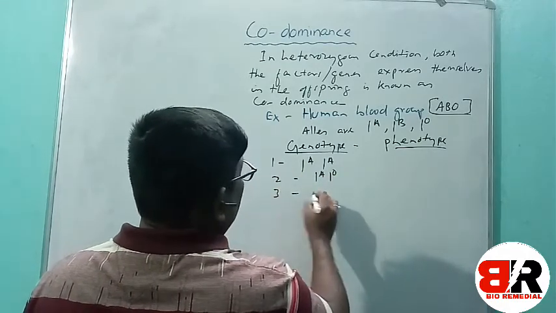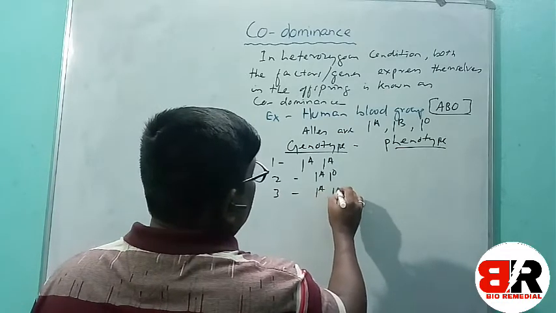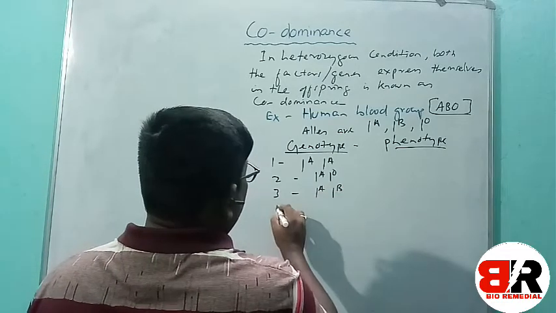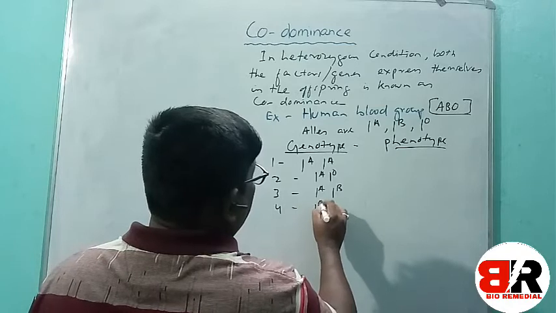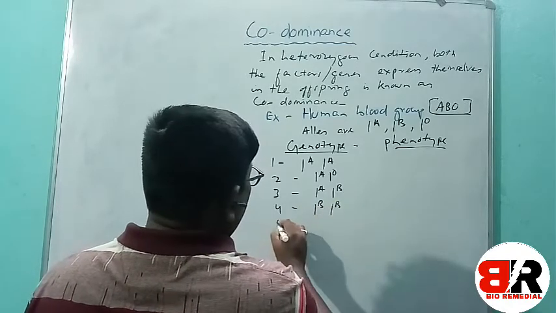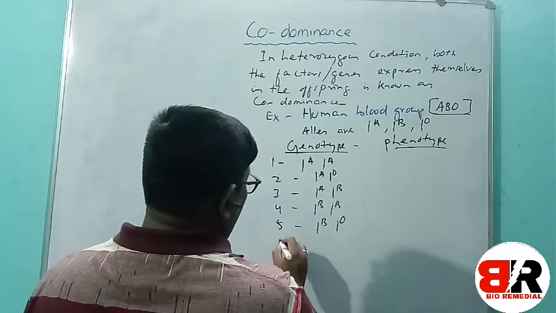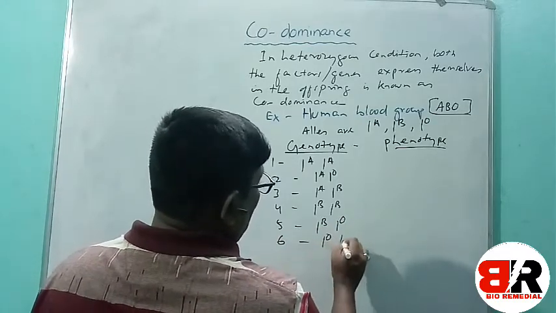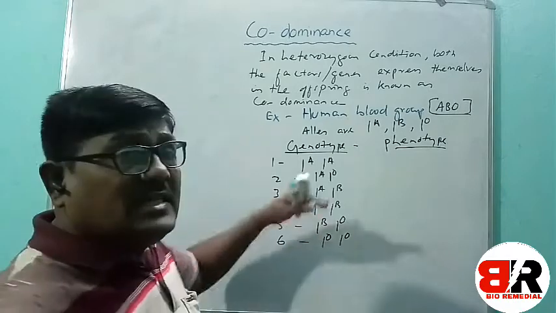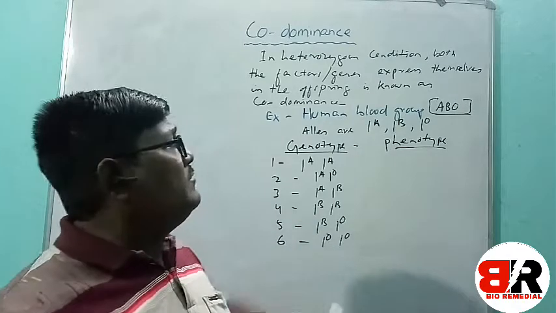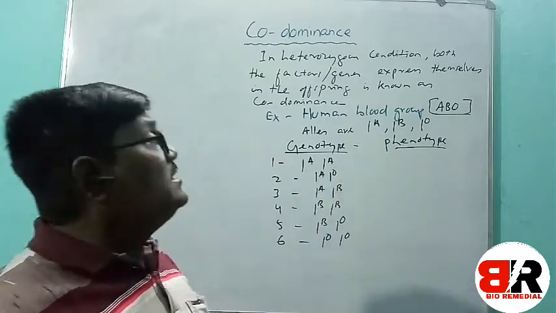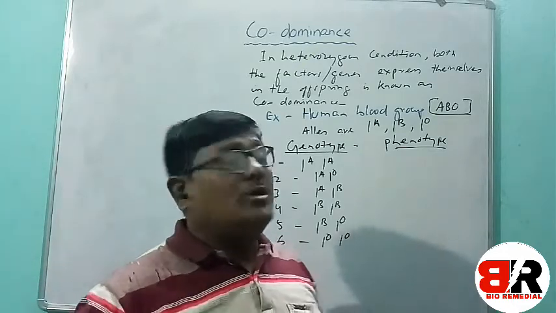Third, IA with IB. Fourth, IB with IB. Fifth, IB with IO, and the sixth, IO with IO. These are the 6 different types of genotype we can find from the 3 alleles responsible for human blood group.